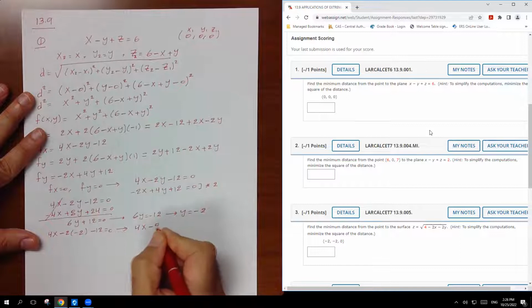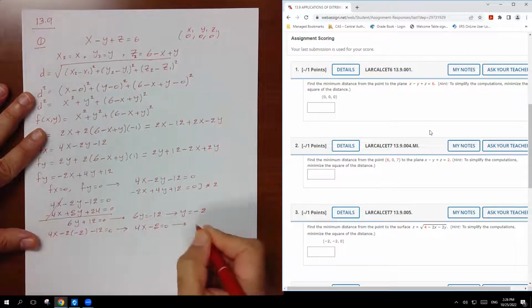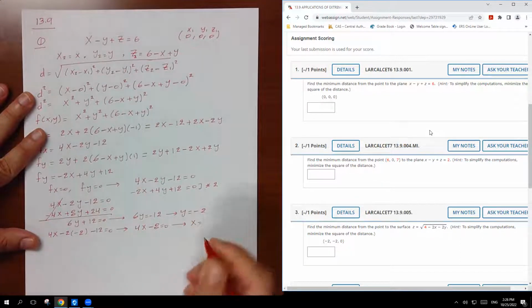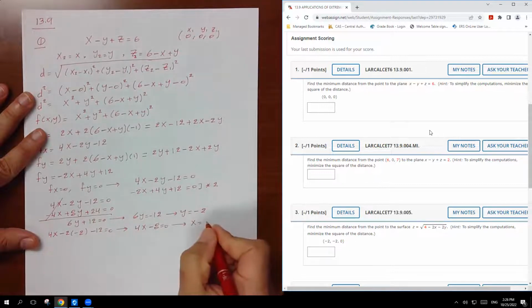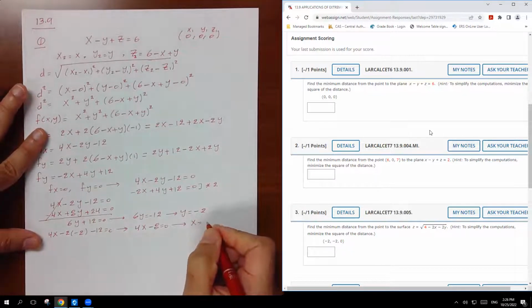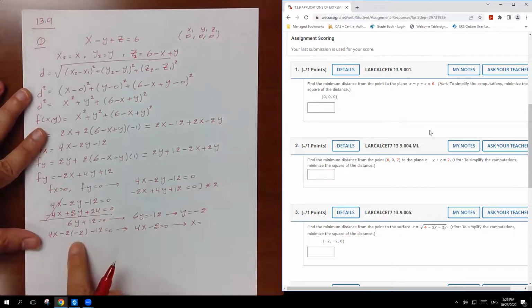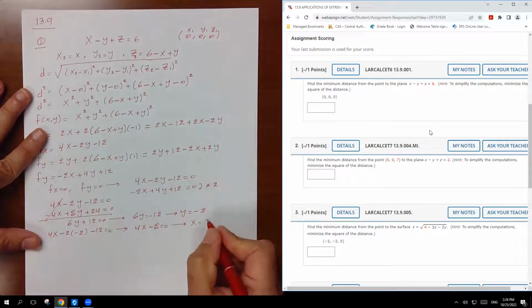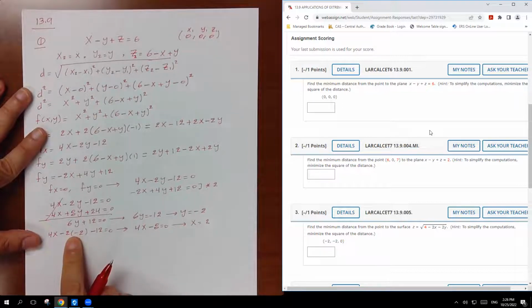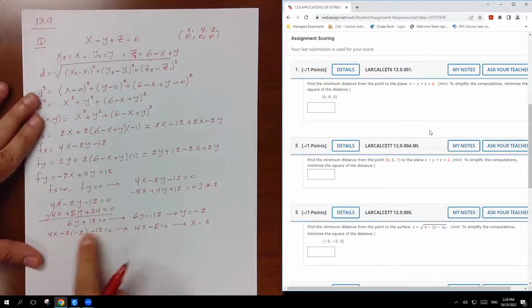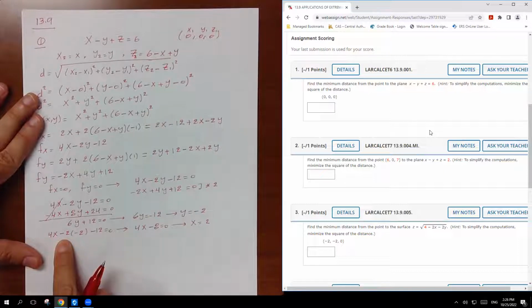That means 4x minus 8 equals 0, so x is going to be 8 divided by 4, which is 2. Let's see here. No, negative 4 minus 12, this is negative 2. Plug in here.